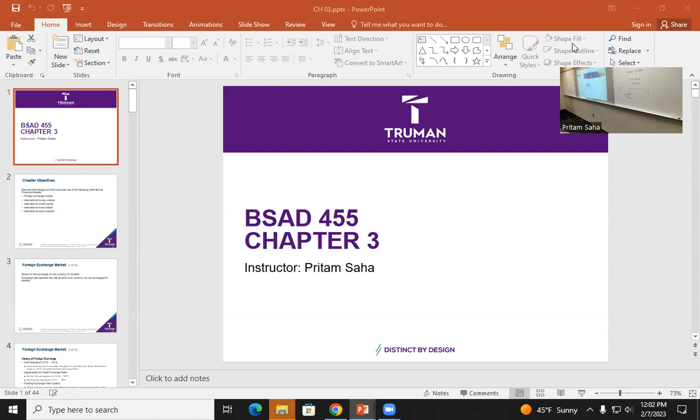The major difference in the derivative market is we decide on the rate today, but we transact in the future. So we decide on the rate at time 0 and transact at the same rate at time 1, or the future.